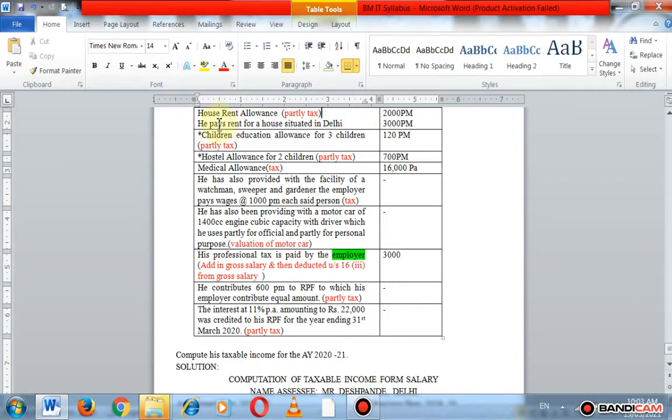Rent paid by the SAC for a house situated in Delhi amounted to rupees 3,000 per month.